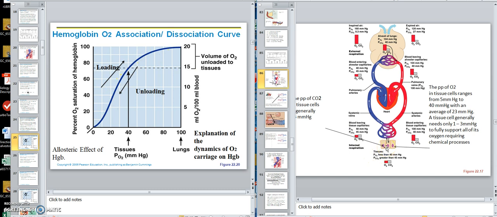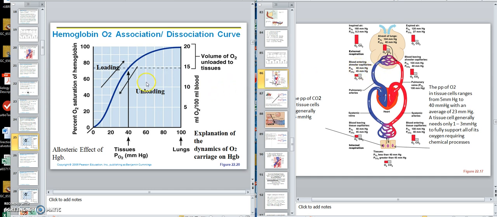Now remember, we're looking at both. So we're going to start first, let's say, with the loading aspect. Now, what did we say the partial pressure of oxygen would be coming into the lung? We said it would be about a 40.